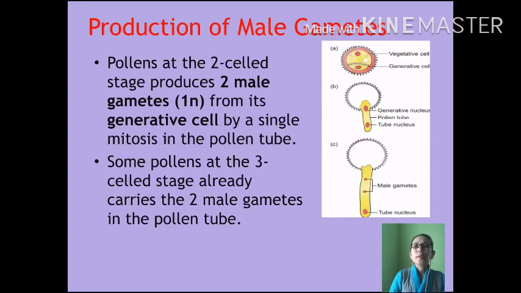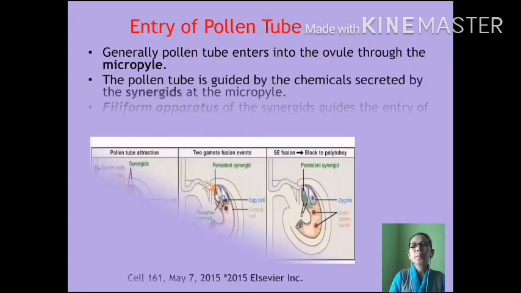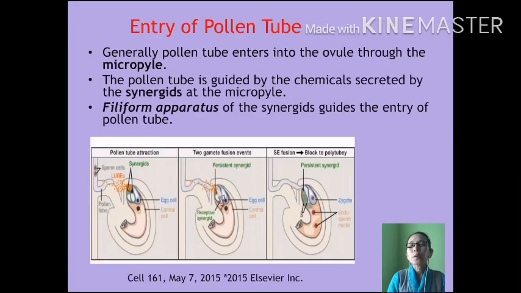Now, the question is, how does the pollen tube enter into the embryo sac? Generally, most pollen tubes gain an easy entry through the micropyle. The two synergids which are located at the micropylar end play a leading role in the guidance and the release of the sperm cells.